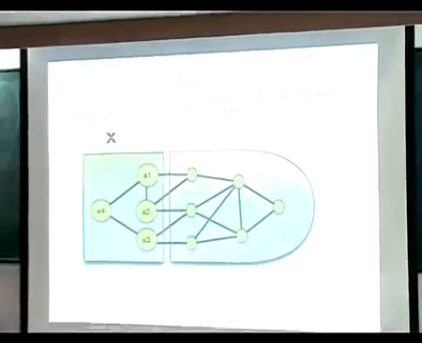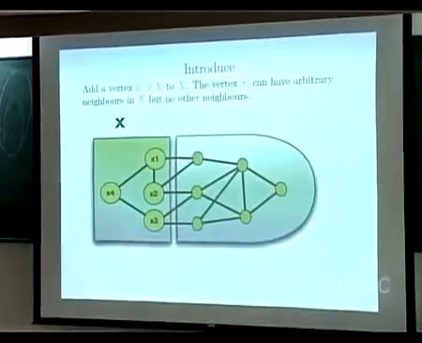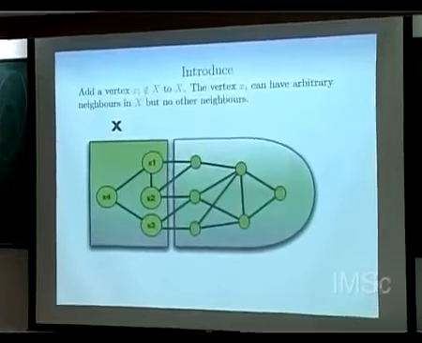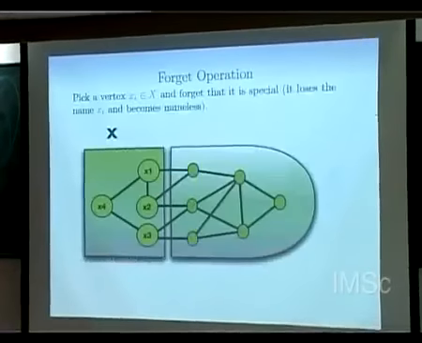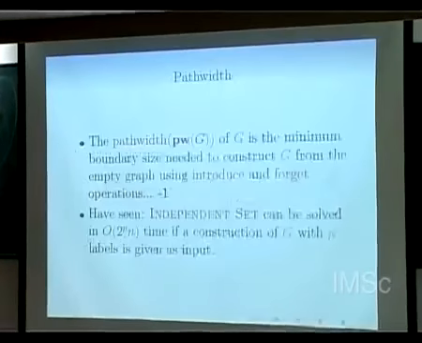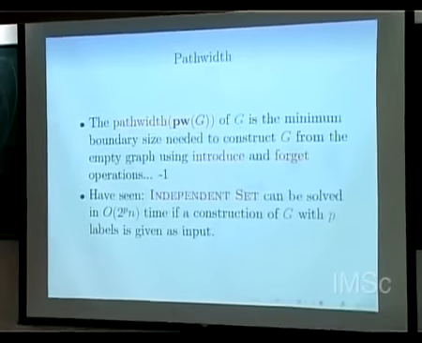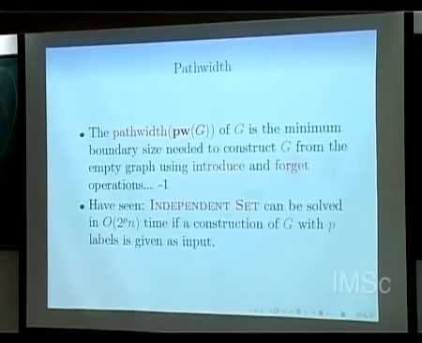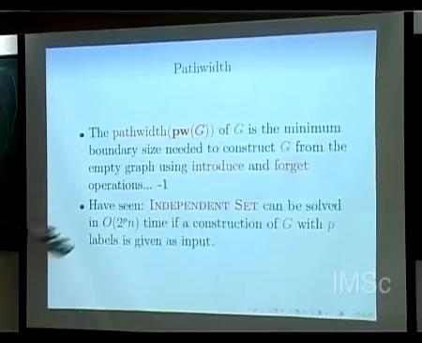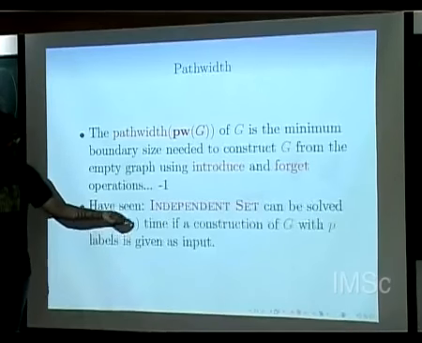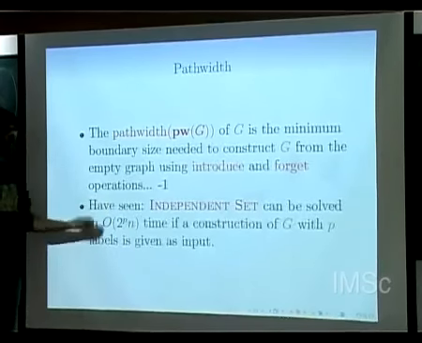Now let's go further and try to introduce more operations to this T boundary graph. And what I have told you now is that independent set can be solved in time 2 power p into n if a construction of G with p labels is given as input.